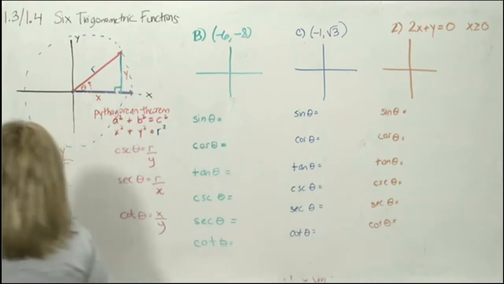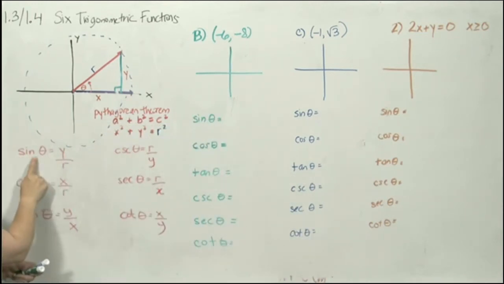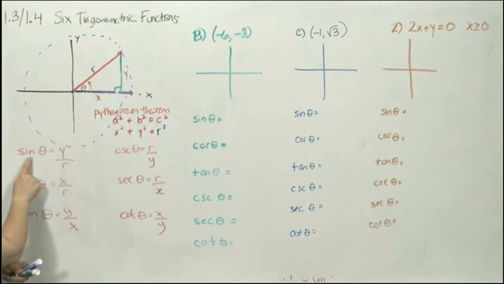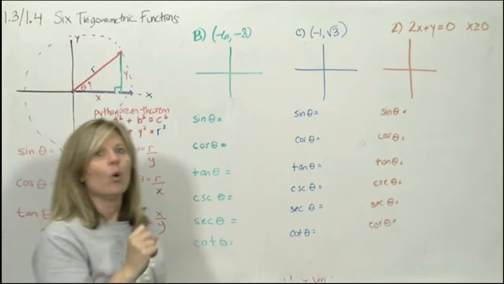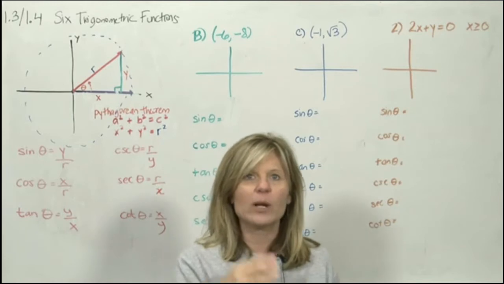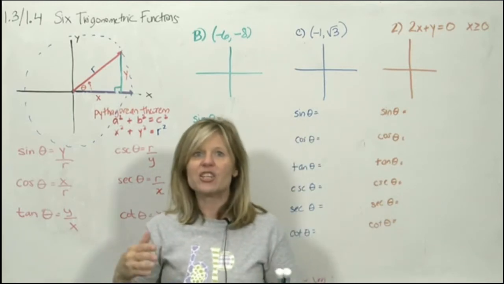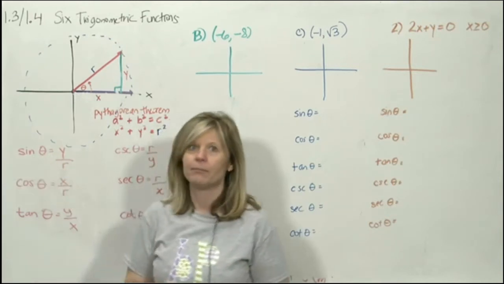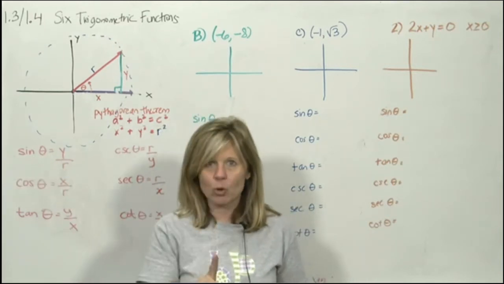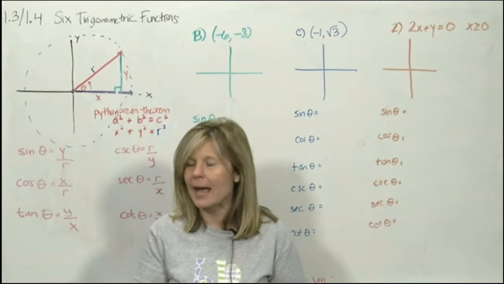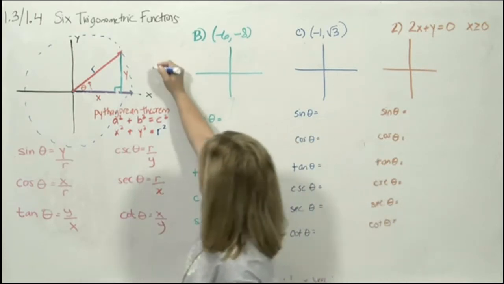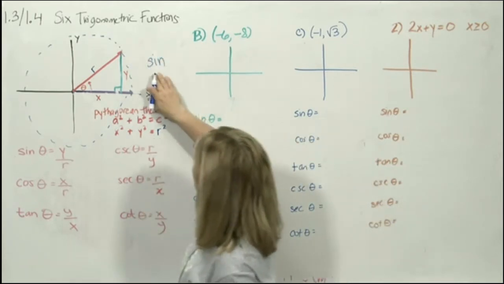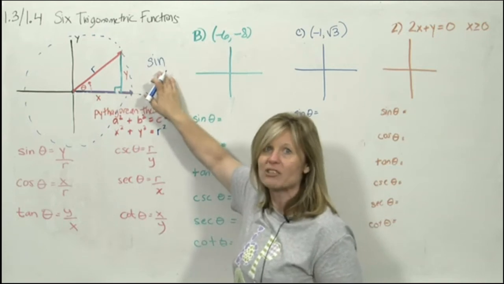Okay, here they are. The sine of theta. Now I know what you're saying. It's written as S-I-N, sin. When we use them in writing, we abbreviate them. The abbreviation for sine, S-I-N-E, is S-I-N. It is not trig if you just write on your paper S-I-N. That's the word sin.